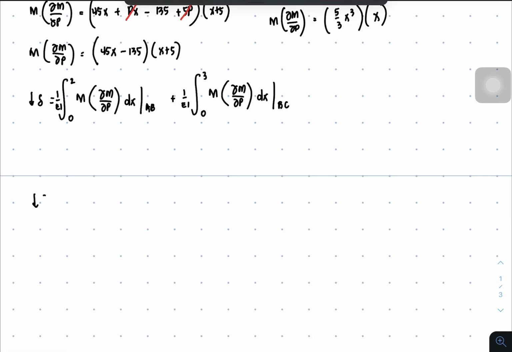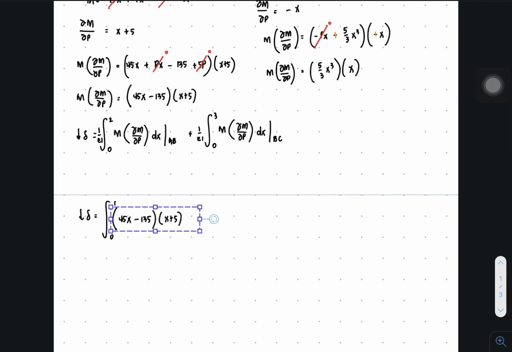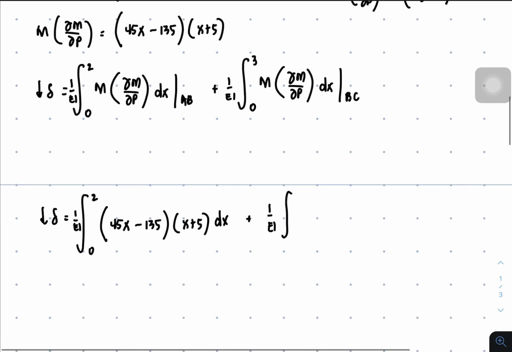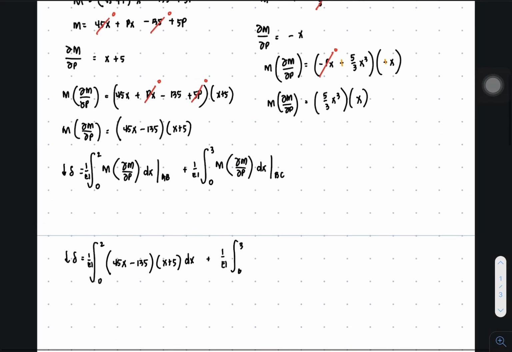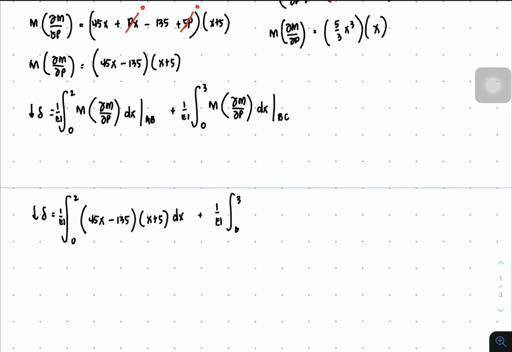Okay, so what we're going to do now is write the deflection to be downward equal to the integral from 0 to 1 of segment AB. So segment AB, where is segment AB? Here. This is for segment AB. And this is dx. So this is 1 over EI. Then plus the same 1 over EI integral. No, this is not 0 to 1, but rather 0 to 2. And then here the limit is from 0 to 3, and you copy this one.